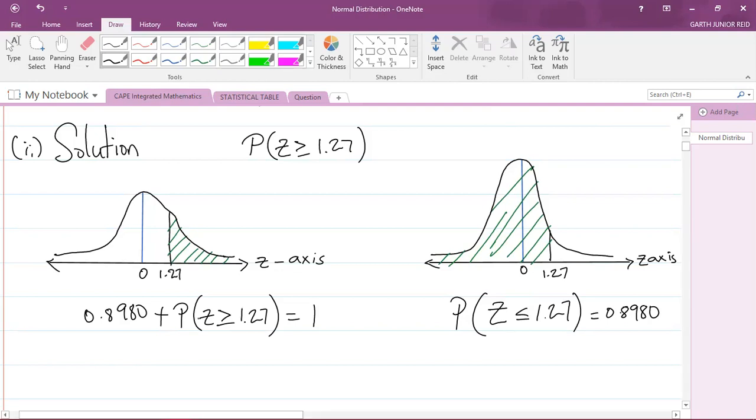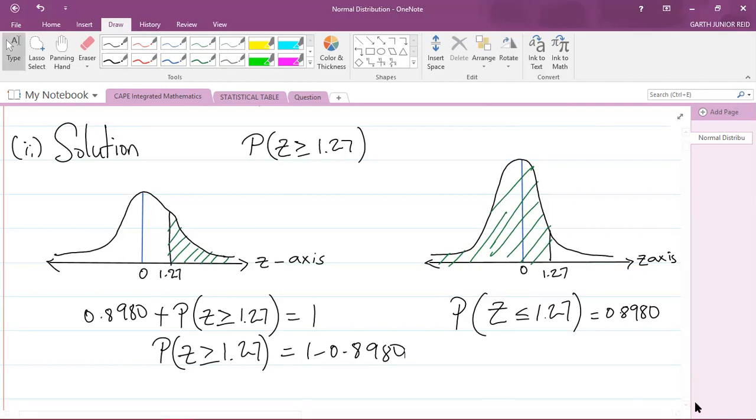So all I have to do now is to just transpose for the probability that I'm trying to find. So I'm going to subtract both sides of the equation by 0.8980. And if I do that, on the left-hand side, I will have the probability of z greater than or equal to 1.27. And on the right-hand side, I will have 1 minus 0.8980.